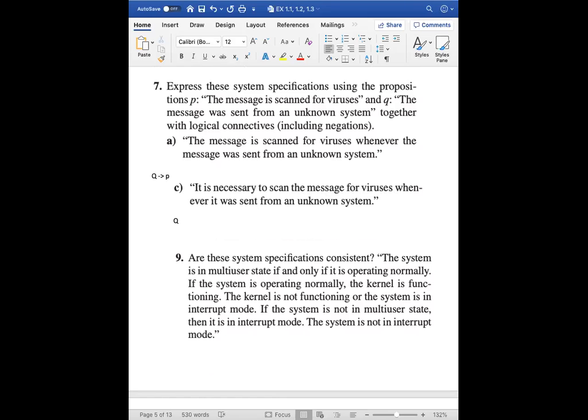Words like whenever, necessary, sufficient, if, then basically imply the usage of this conditional operator. So this Q implies P will be an equivalent representation of this English sentence.